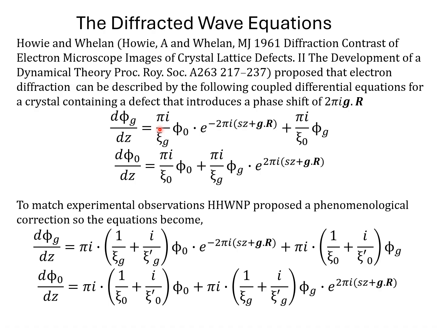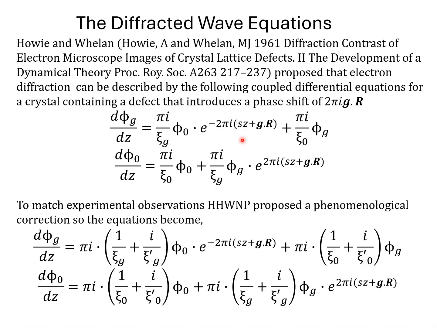You get some change in the amplitude because of diffraction effects which are dictated by the distance over which this occurs, like say 100% distance is psi g, and dz says what fraction of this 1 over psi g we're considering at each step as we proceed down the crystal, through the crystal.